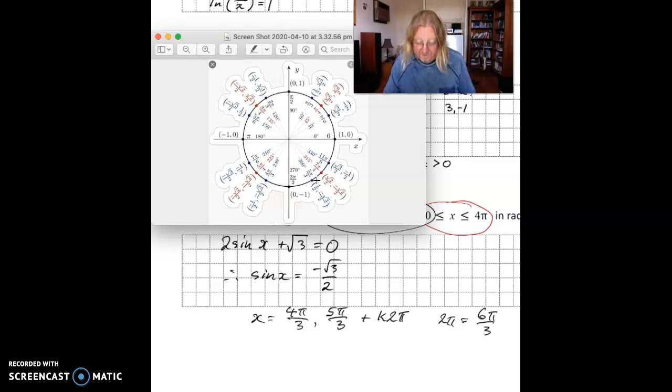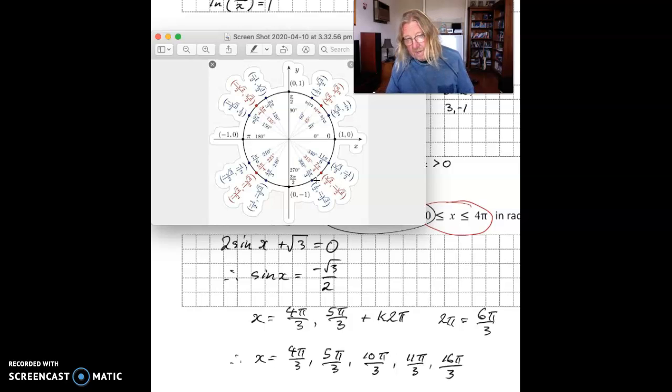So we're just going to add 6 to these numbers. So x will be 4 pi on 3, 5 pi on 3. Then we add 6 to 4 pi, which is 10 pi on 3. Adding 6 to 5 is 11 pi on 3. Then adding 6 again to 10 is 16 pi on 3.